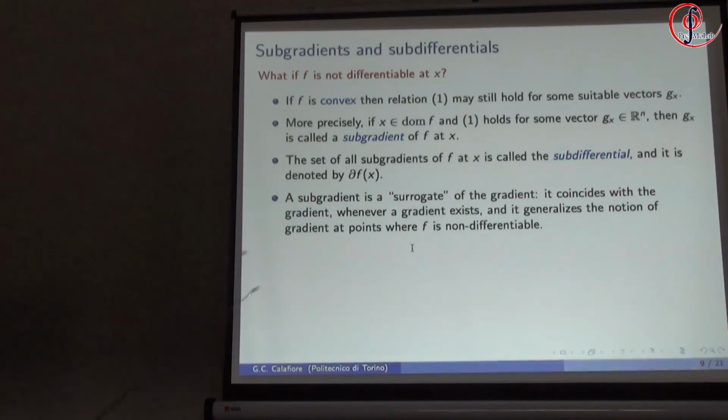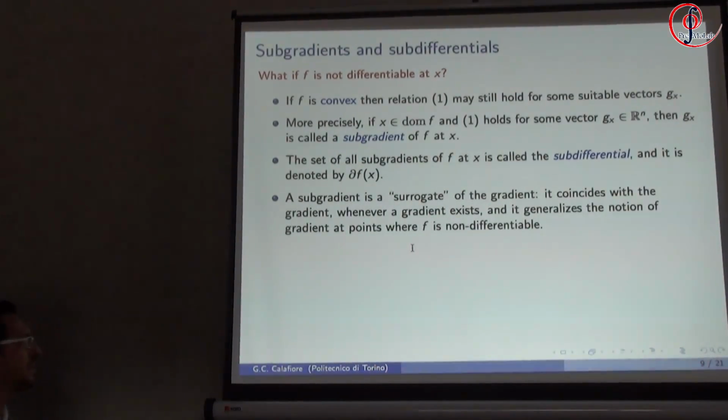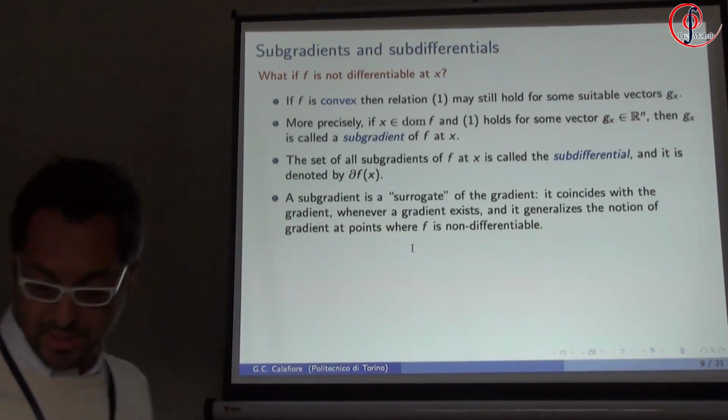So the subgradient is a kind of surrogate of the gradient. When we do not have a gradient, we will be happy with a subgradient. A subgradient coincides with the gradient whenever a gradient exists, and it generalizes the notion of a gradient at points where the gradient does not exist.